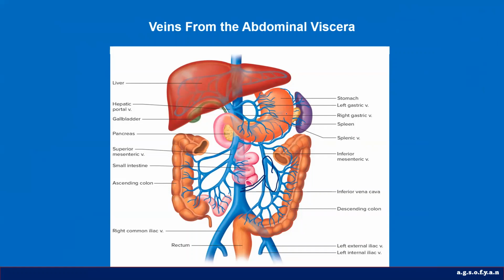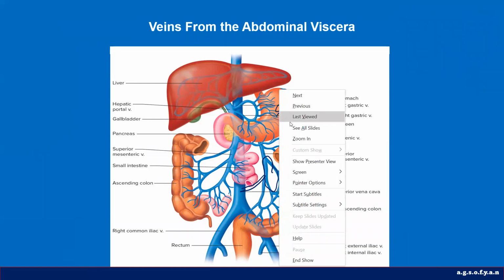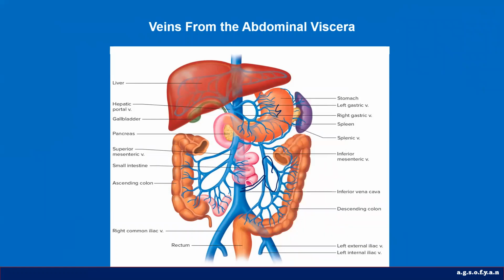But for the GI tract organs like stomach, small intestine, large intestine, spleen, pancreas, all of them will return the blood to the liver first. And this circulation over here is called the portal system.